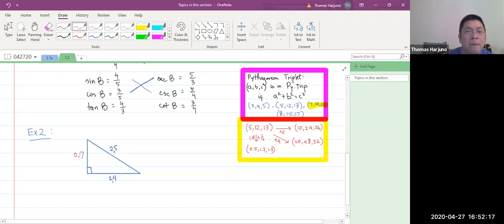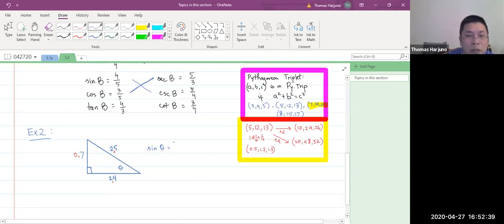Now, the nice thing about trigonometry, and this is the reason we learn trigonometry. Suppose I want to find sine theta. In a right triangle, sine theta is the ratio of opposite over hypotenuse.